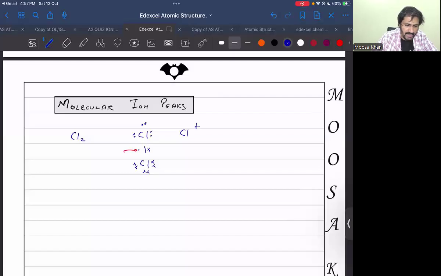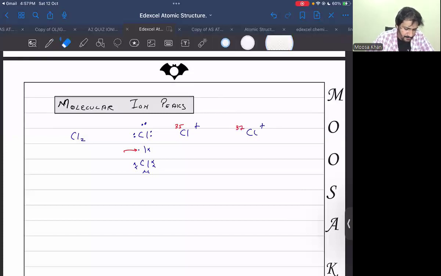And this chlorine positive ion may have a mass number 35 or it may have a mass number 37. It may be different from molecule to molecule. But there is also a possibility that this fast moving electron does not knock out the shared pair of electrons. Maybe in some molecule, it just collides with a lone pair of electrons and knocks out one of the lone pair of electrons.